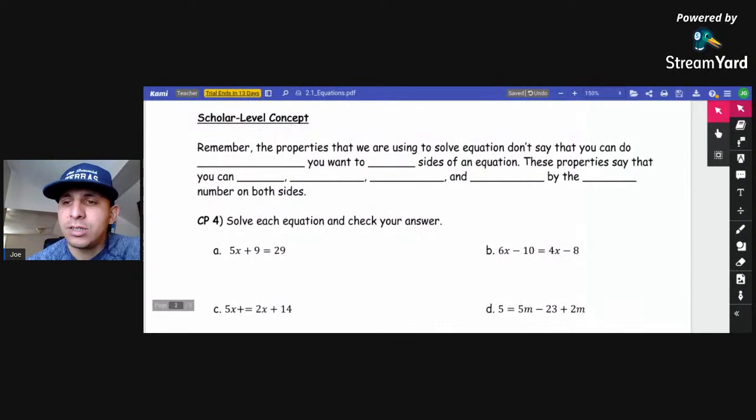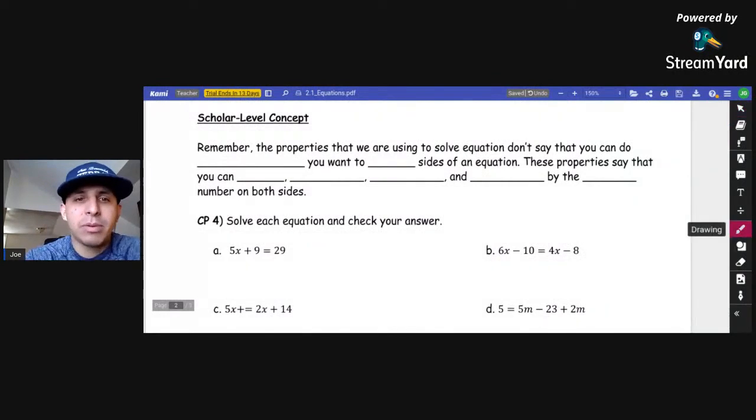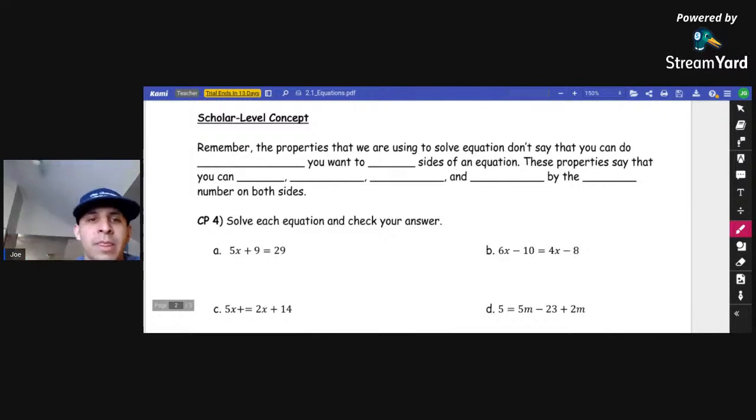Okay, let's proceed. Scholar level concept. Remember, the properties that we are using to solve equations don't say that you can do anything to both sides of an equation.